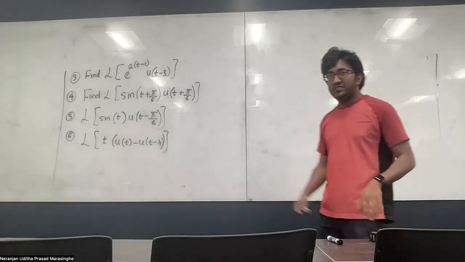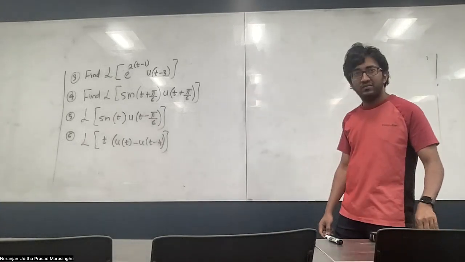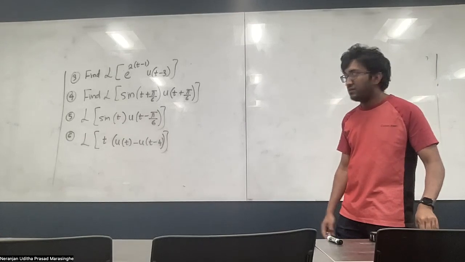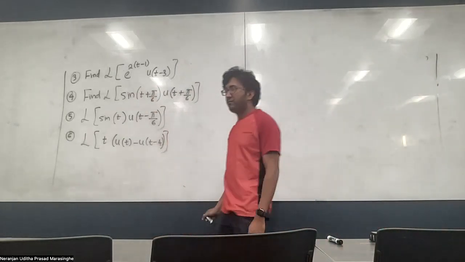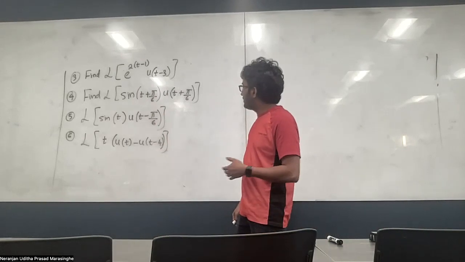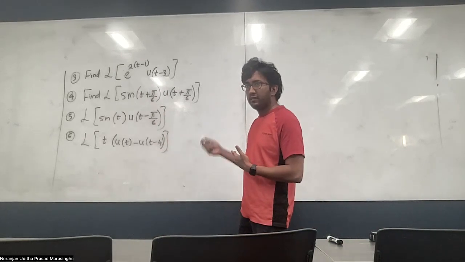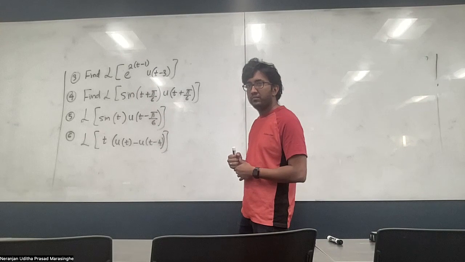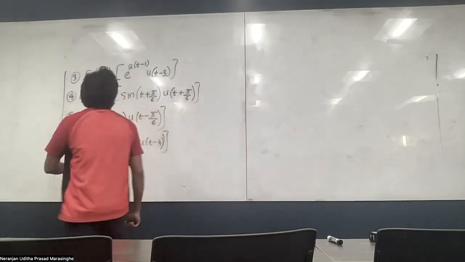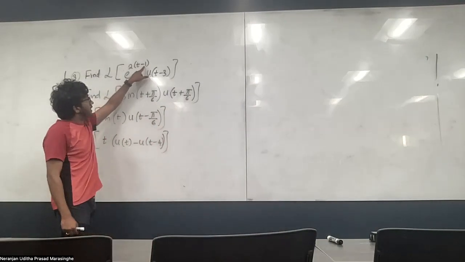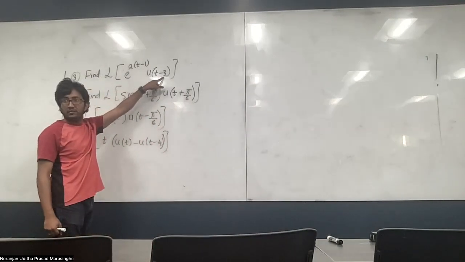What do you think about the first one? Third problem. The third problem? This one? How do you relate second translation theorem to this problem? To apply second translation theorem, we need the same number in these two positions.